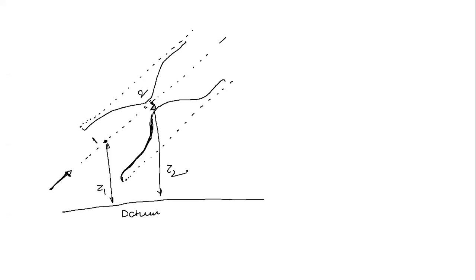So let us take it one by one. Let's say this is the distance Z1 from any datum, and this is my distance Z2. I am already assuming that the flow is steady, inviscid, and incompressible. So just tell me quickly, how do we calculate the velocity at point 2?